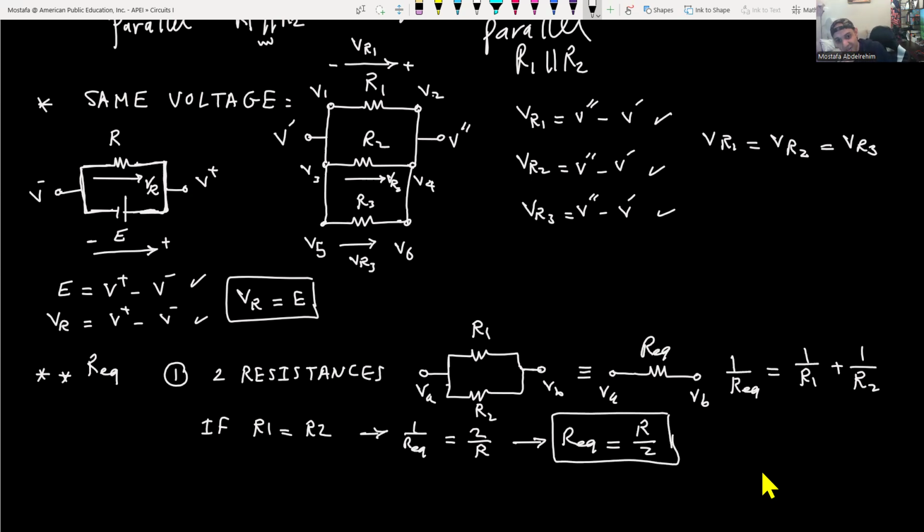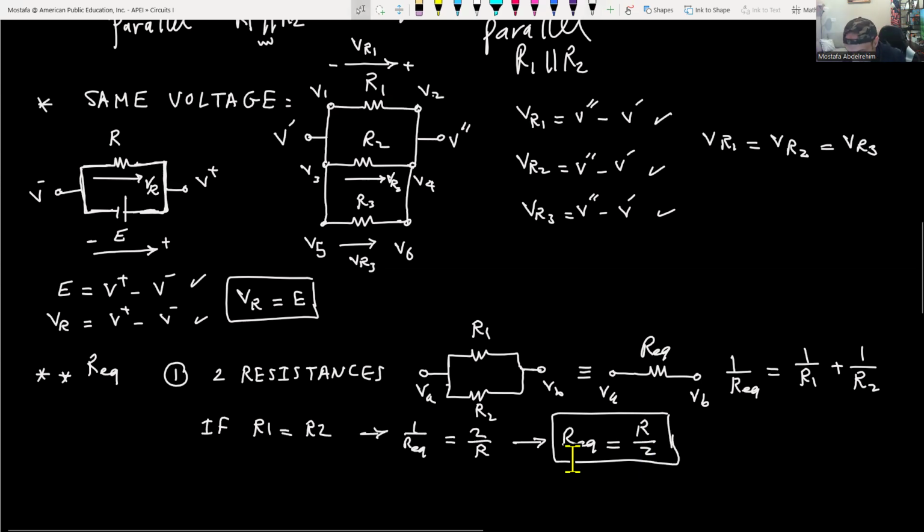Because it's half R. So it's less than R. As we're going to see in 1 minute, in series connection, R equivalent is higher than the maximum of the resistances. It's always larger than the maximum resistance, and actually larger than all of them combined. In here it will be less than the minimum resistance, but just 1 minute.